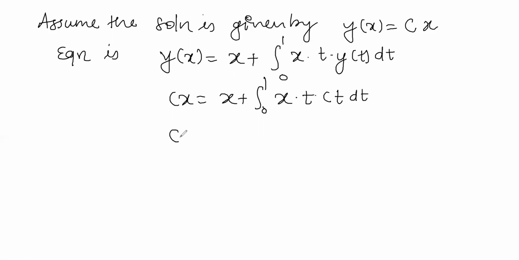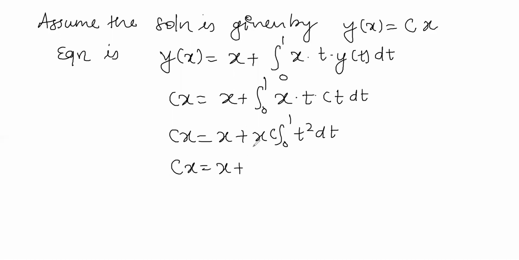Take this x out, and you can even take c out, so it will be t square dt. Now cx equals x plus, this is again cx, and if you integrate, you get cx by 3. Now check this quantity: x is getting cancelled.